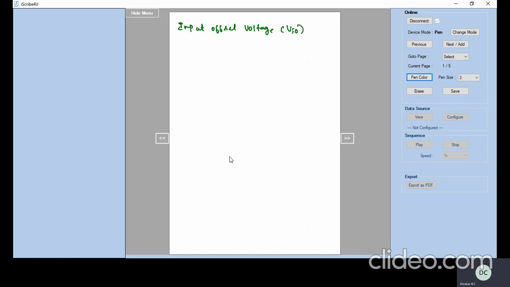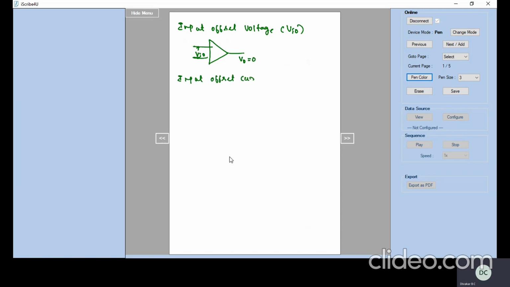The input offset voltage is the voltage that must be applied between the two input terminals such that the output voltage becomes zero. So you can represent schematically. So this is VIO, the input difference between the two inputs. V0 is zero.